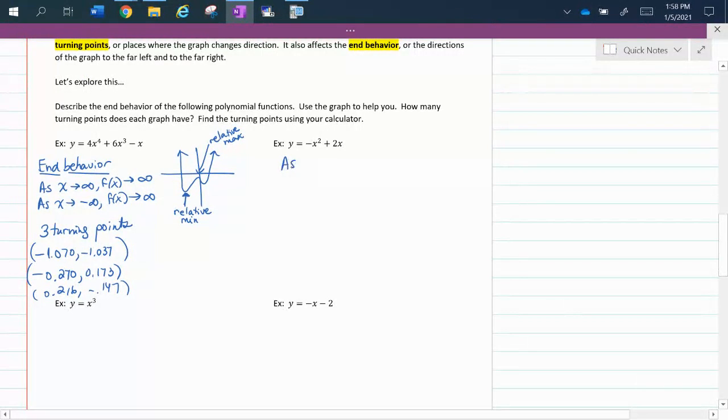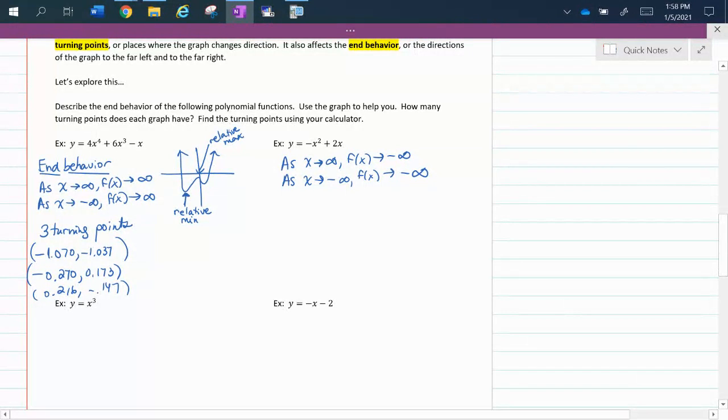We write as x approaches, the arrow means as it approaches infinity, f of x approaches negative infinity. And that's because as we go to the right, the graph's going down forever. And the second sentence, as x approaches negative infinity, f of x approaches negative infinity also. So those are the two sentences.